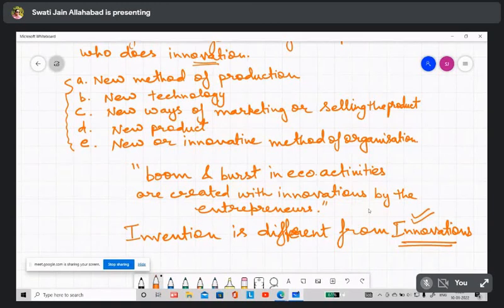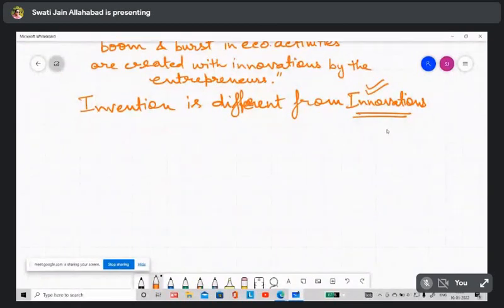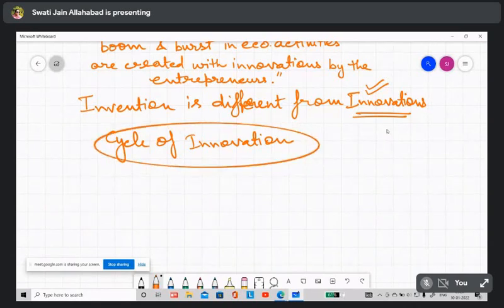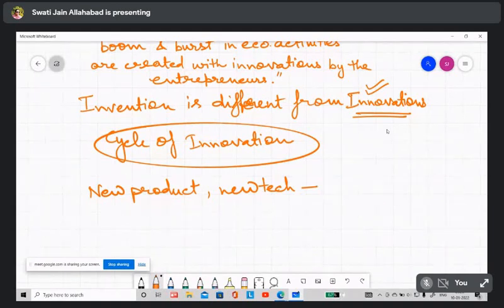Because innovation also has a cycle. There is a cycle of innovation which Schumpeter has explained. So with a new product or new technology, new demand is created. Initially, with the new product and new technology, production rises.